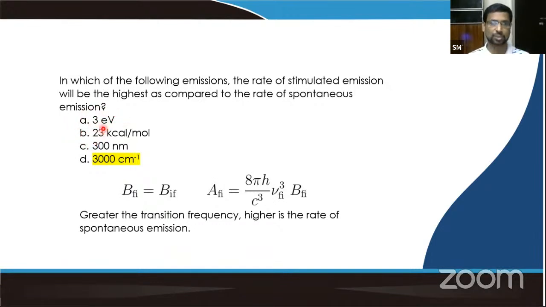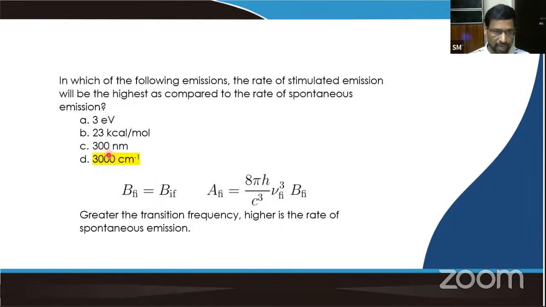For example, this is 3 electron volt, and the second option, 23 kcal per mole, is nearly about 1 electron volt. 300 nanometer corresponds to about 4 electron volt, whereas 3000 wave numbers is much less than 1 electron volt, because 1 electron volt is roughly 8000 wave numbers. So this is in the range of 0.3 to 0.4 electron volt.